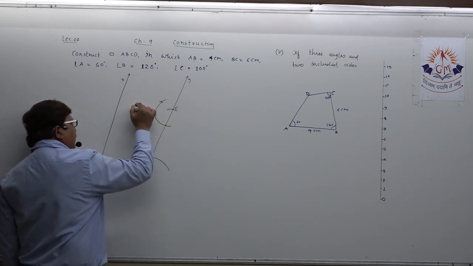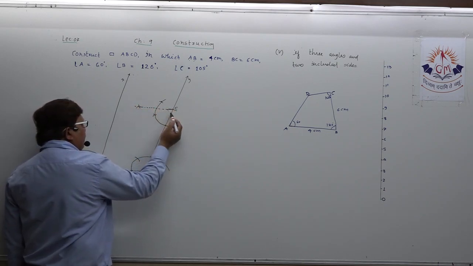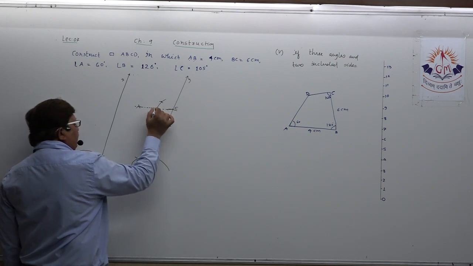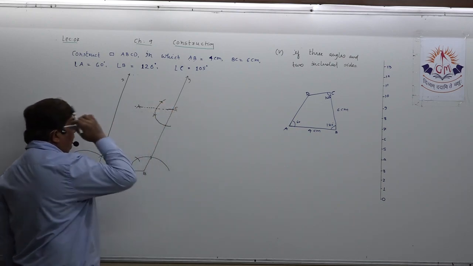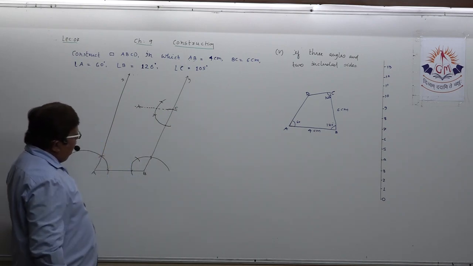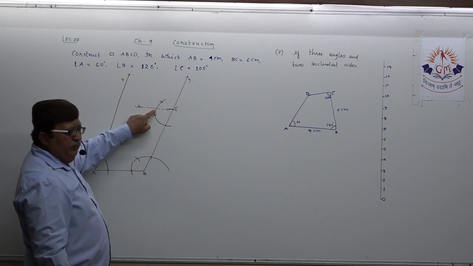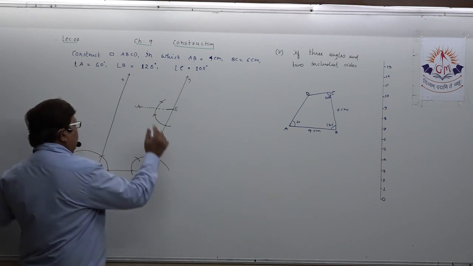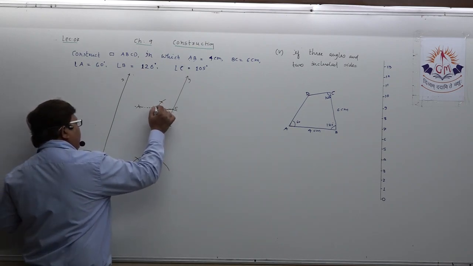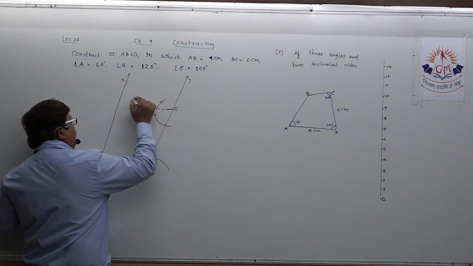This is in fact an angle of 90 degree. This is 90, this is 120. For constructing the angle of 105, you have to bisect between 90 and 120, maintaining the same radius, one arc from here, another arc from here.